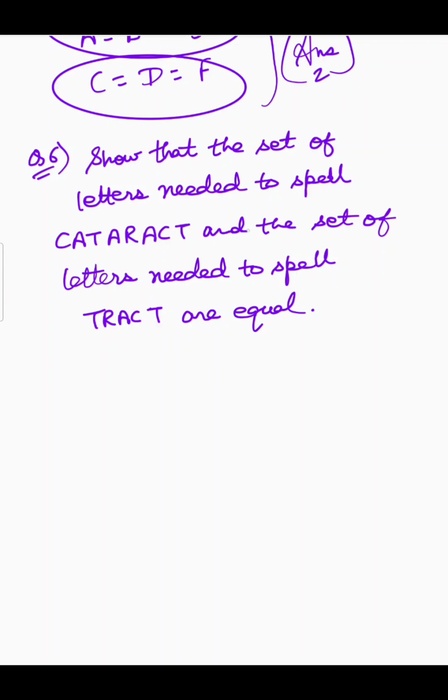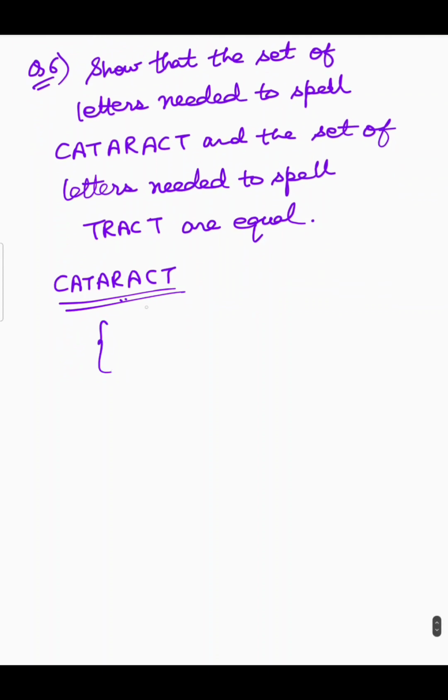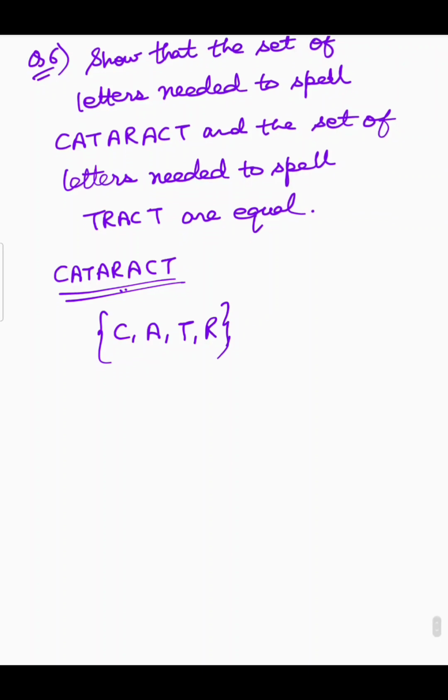Can you do this question? Very easy, right? So for cataract, it will be C, A, T, A, R, A, C, T. Okay.